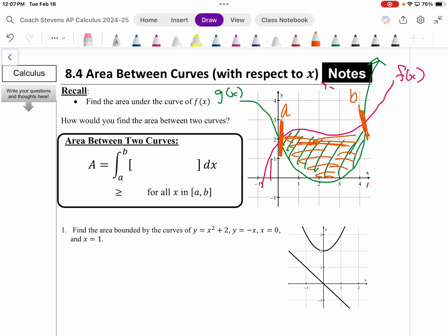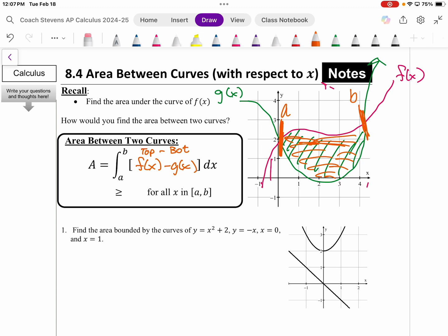Sometimes we have to use the calculate tool on the calculator when they're ugly equations, and we're going to practice some of those. But the formula is the integral from a to b of f of x minus g of x. It's the top equation minus the bottom. Whichever equation is on the top is subtracted by the equation on the bottom.